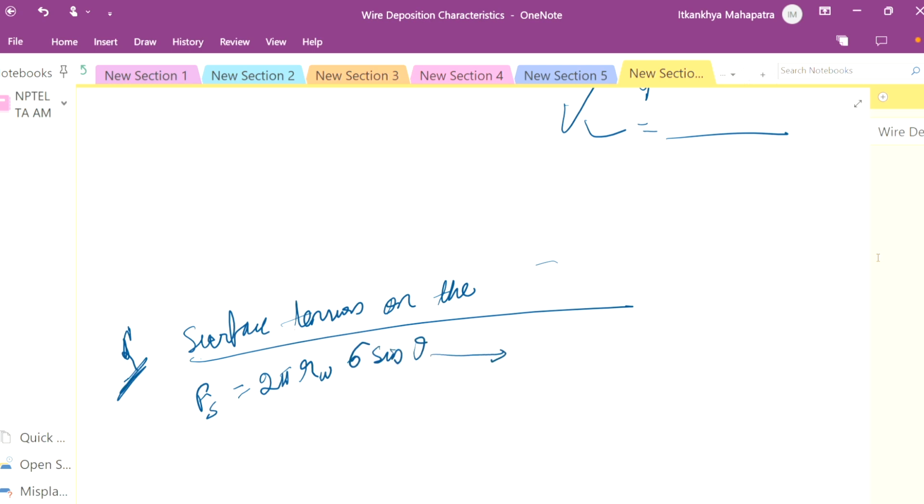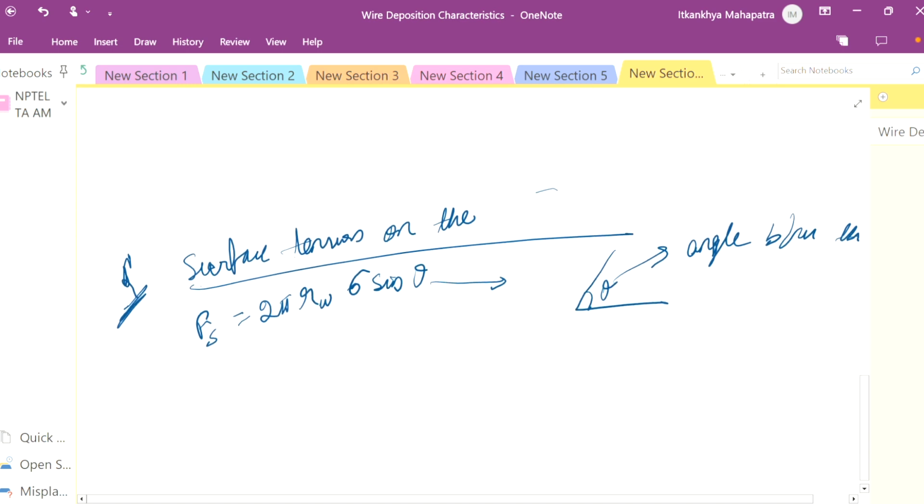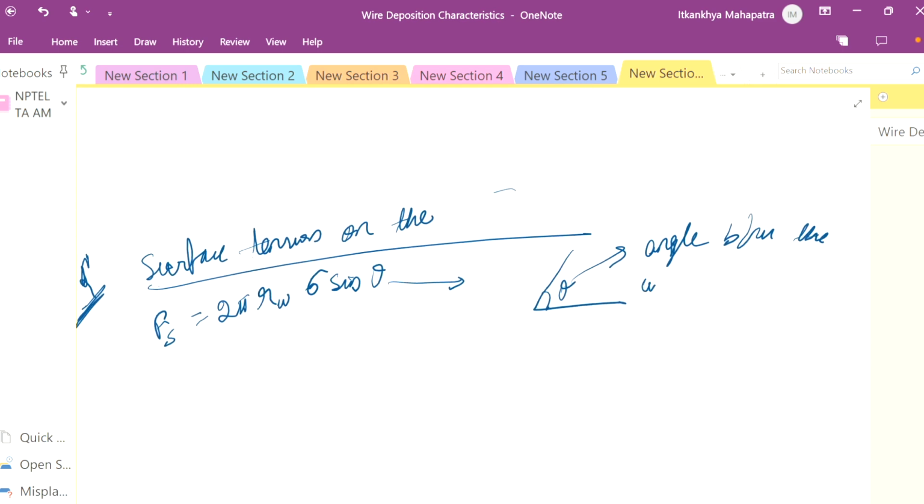What is this theta? Theta is the angle between the wire and substrate.